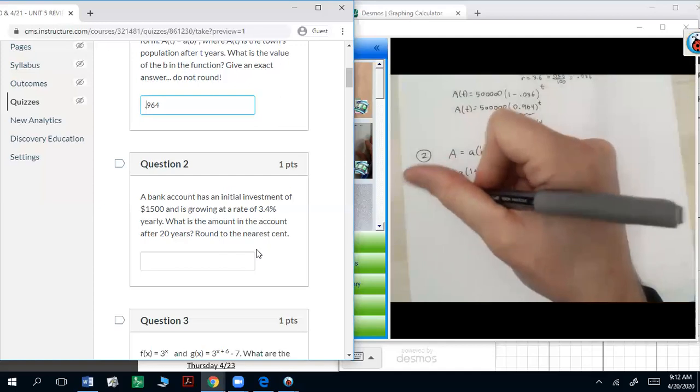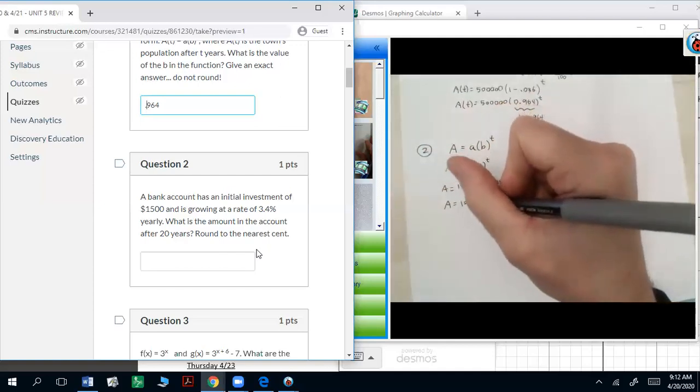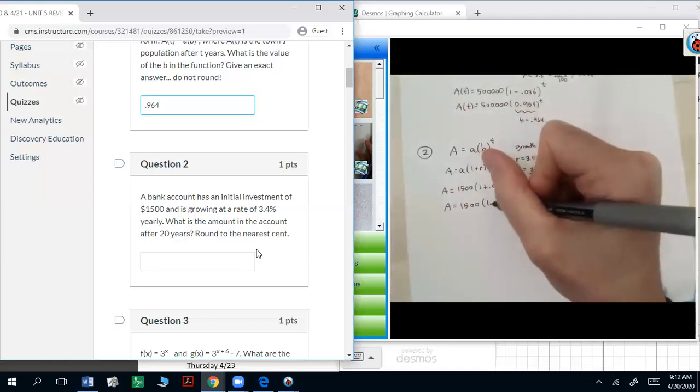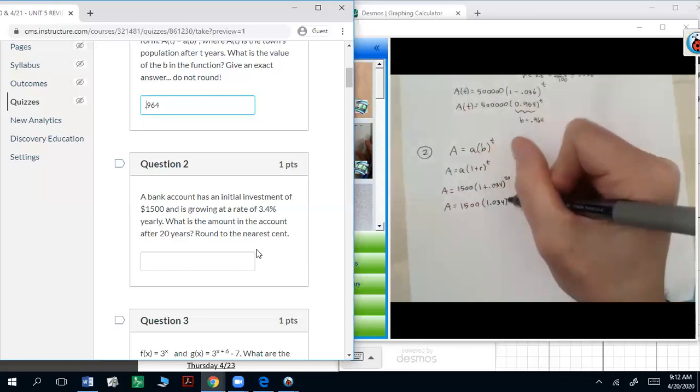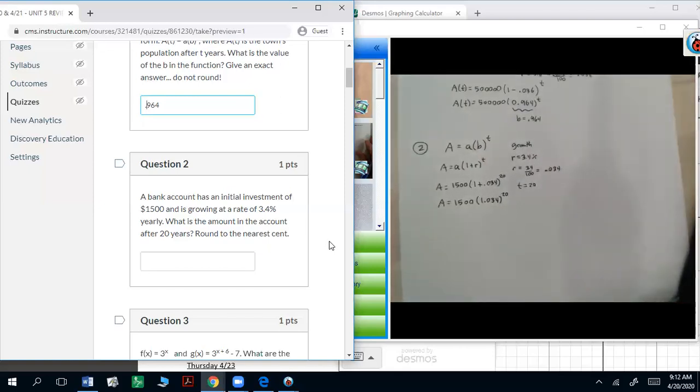So it's capital A, that's your final amount, equals 1,500 times 1 plus 0.034, which would be 1.034. And we want to raise that to the 20th power. So we're going to put that in our calculator.